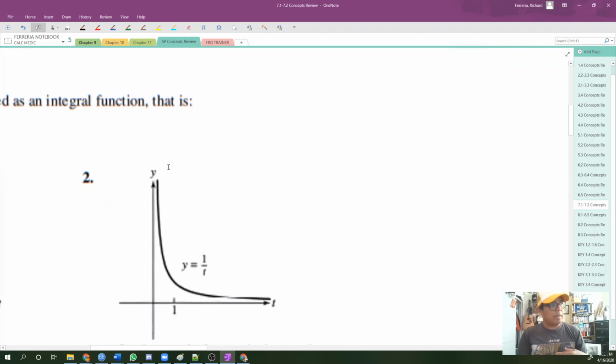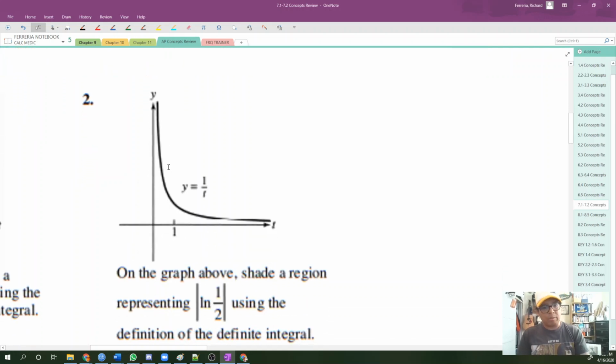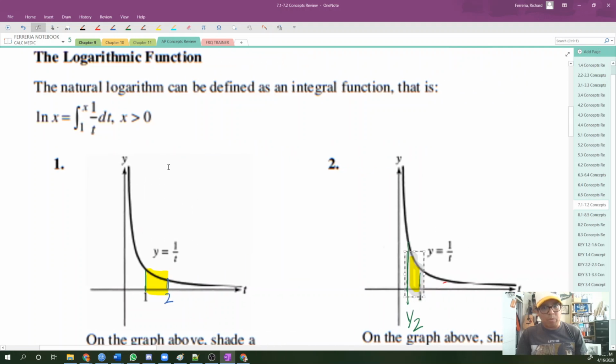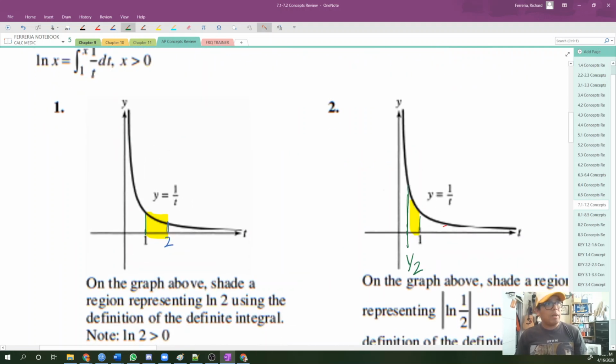So let's just figure that area. That area is going to be the area between 1/2 and 1. Like I stated before, the integral that we are actually evaluating is the integral from 1 to 1/2 of 1 over t. And that's going to evaluate to a negative result because the lower limit is larger than the upper limit. So that's one of the reasons why we have an absolute value here.